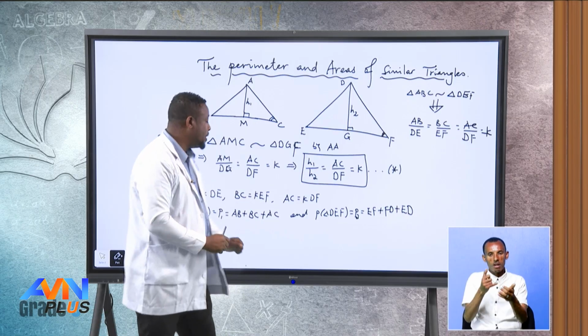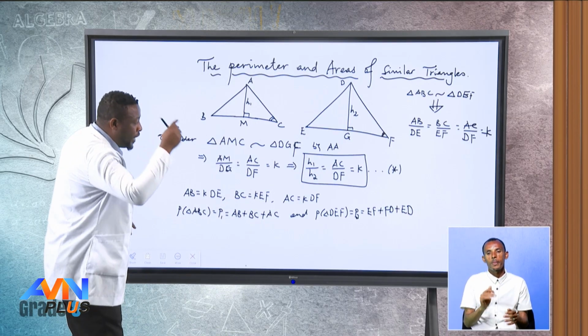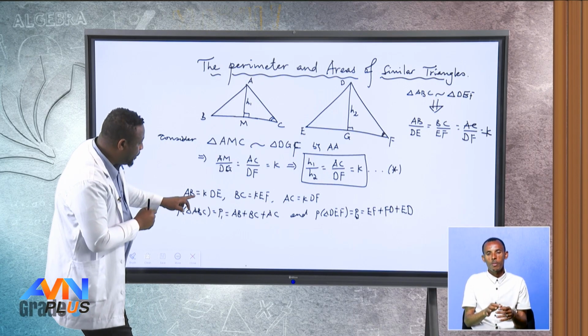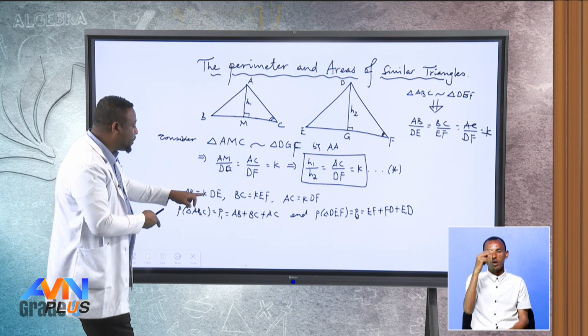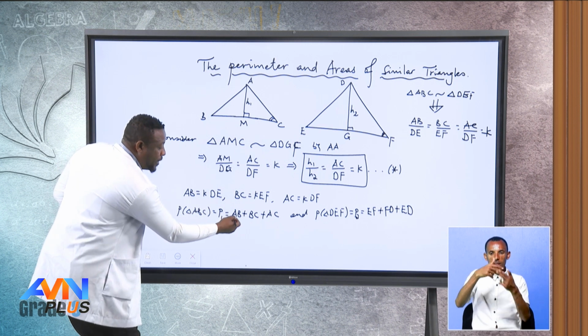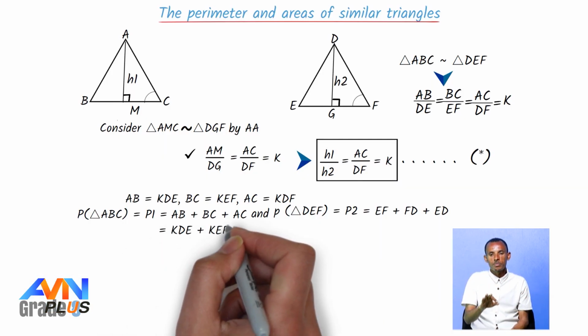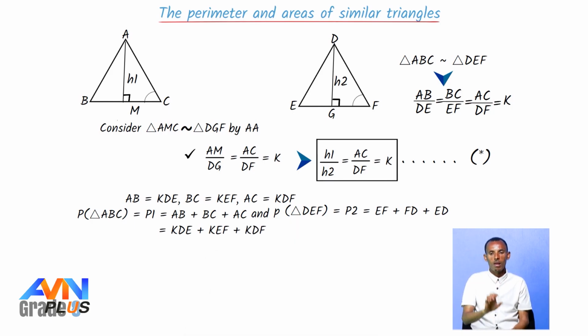You can write it in any order. It doesn't matter. So now in place of AB, I need you to substitute K times DE. Here in place of AB, you can substitute K times DE plus, in place of BC, you can substitute K times EF. And the third one, AC is K times DF.